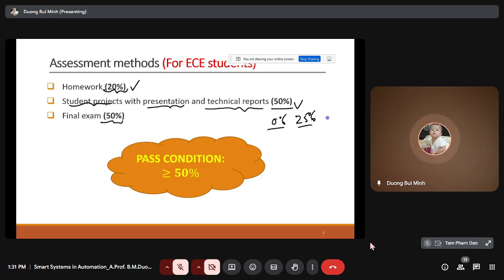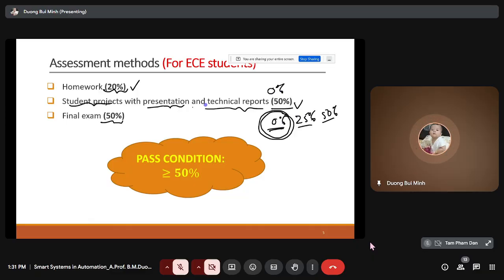If the result is good and more accurate, you get 50%. Remember that if you have no result, the results are incorrect. If the results fail, you get 0%, even though you have the presentation and the technical report. If the result is wrong, you get 0%.